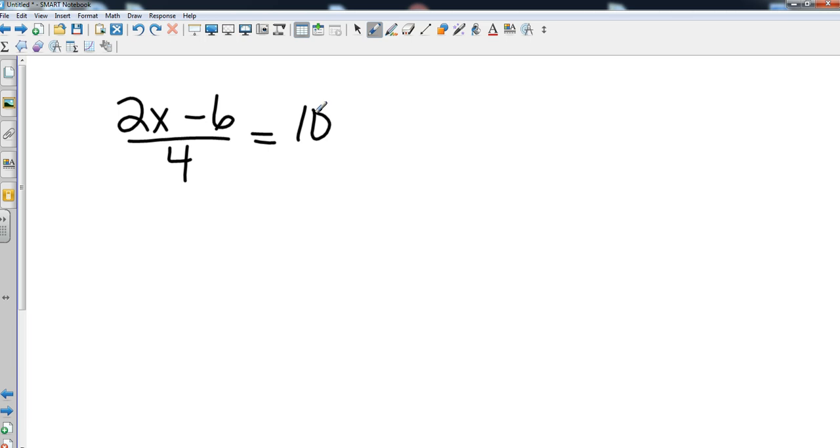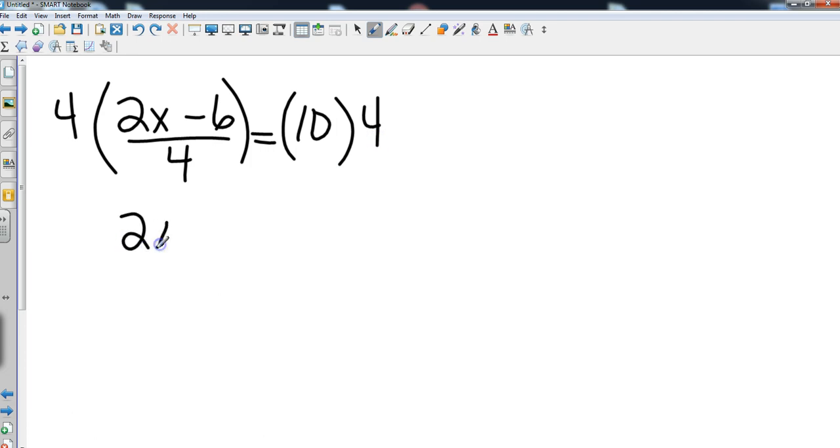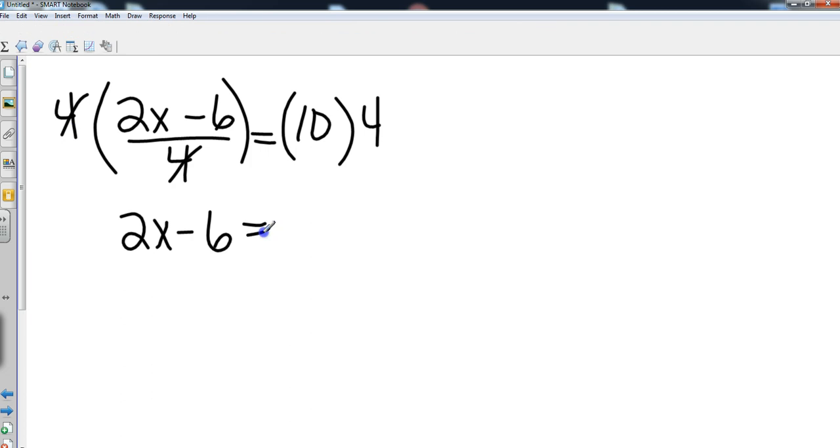And it's actually, if you did PEMDAS backwards, no. Ignore what I just said. So the 4 is not connected to the x in any way. So I'm going to multiply both sides by 4. That's going to give me 2x minus 6, because these 4's are going to cancel, equals 40.